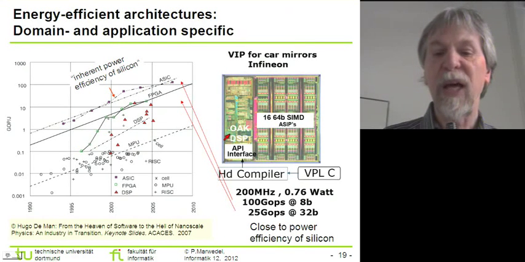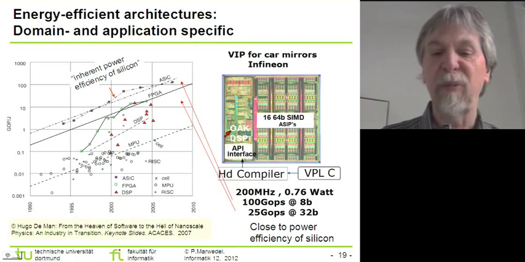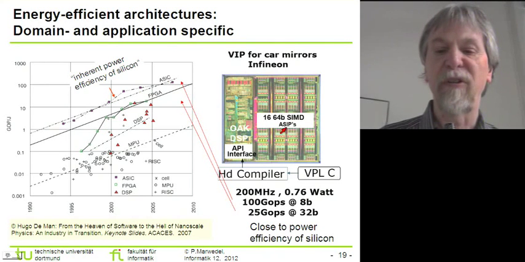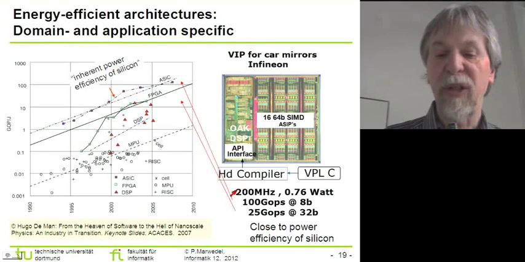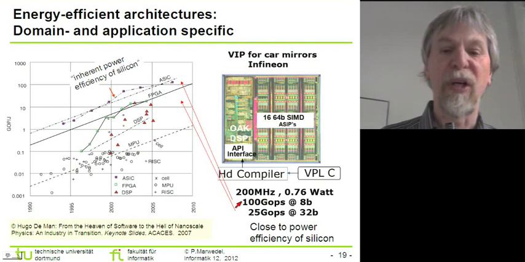In this case, we have a chip which includes several processors. We have a DSP processor there. We have application-specific processors that are especially designed for that purpose. And we can look at the power consumption there. It's 3/4 of a watt. And we can see how many operations we can perform per second.